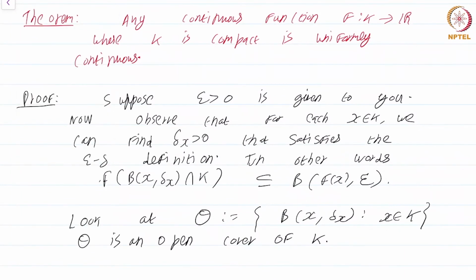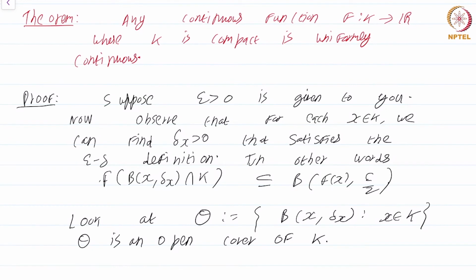Let me make one more change, a slight tweak to the epsilon delta definition here to make the rest of the proof flow more smoothly. I will not just require f of B(x, delta x) intersect K to be in B(f(x), epsilon). I will first put a by 2 here, so that means I'll make it epsilon by 2.